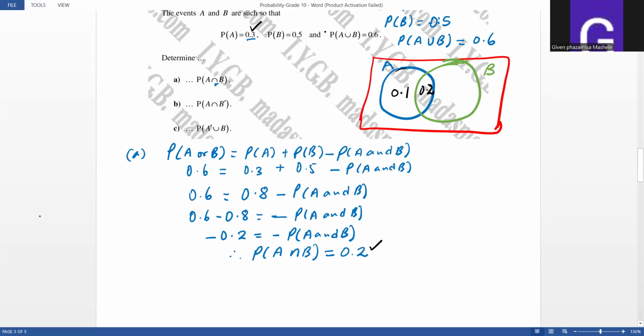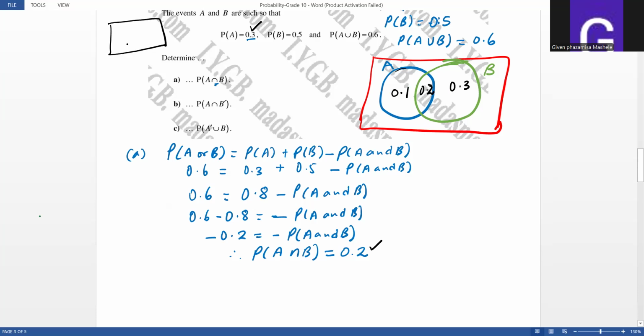What is the probability of B? The probability of B is 0.5. And within this 0.5, we subtract 0.2 for A and B, then this will give us 0.3. And remember, if we take 0.1 plus 0.2 plus 0.3, this will give us A or B, the one I was talking about here.